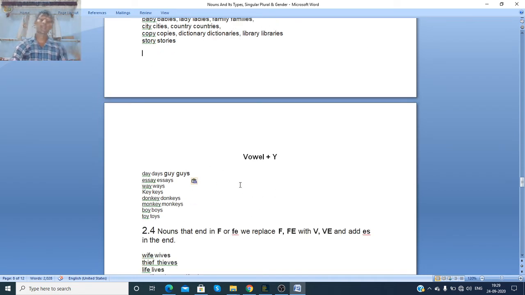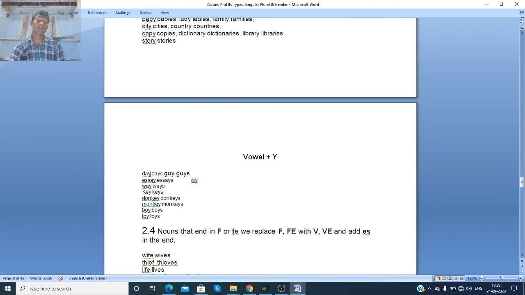And if the noun ends in a vowel plus y, we add s at the end of the noun, not es, and we needn't replace anything. Like day will become days, guy will become guys.